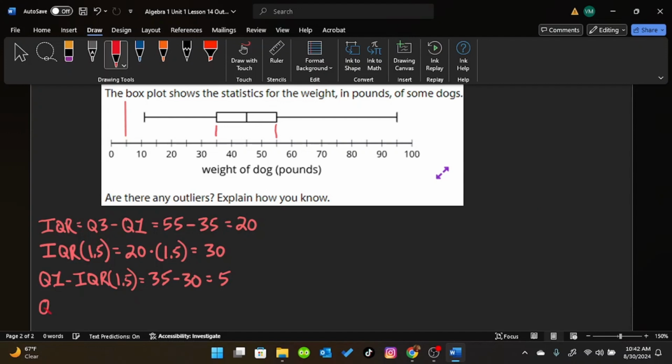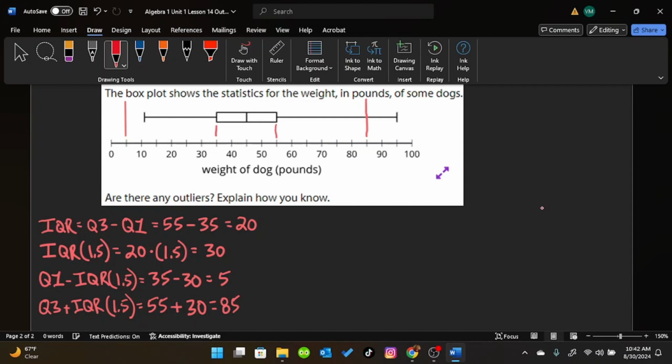Now we need to check on the right side. We said that Q3 was 55. We said that IQR times 1.5 was 30. So our other fence is going to be at 85.